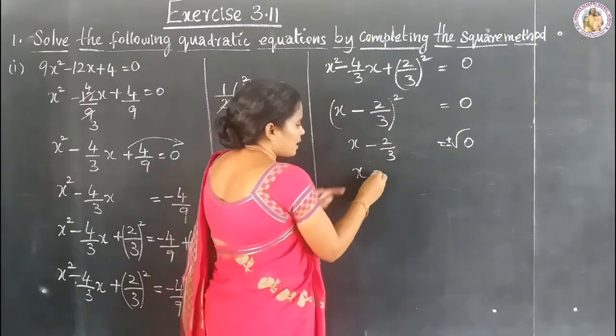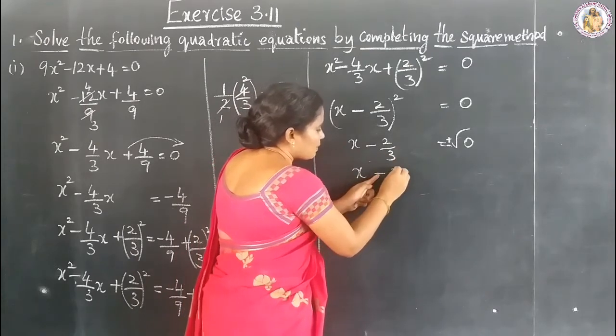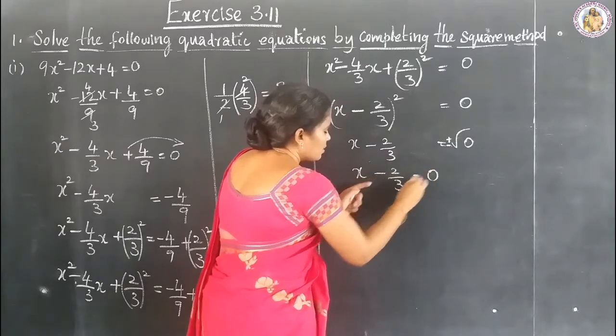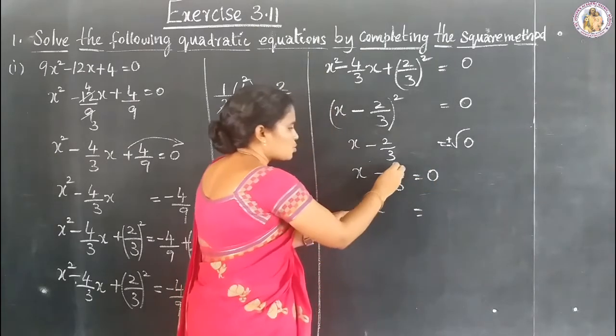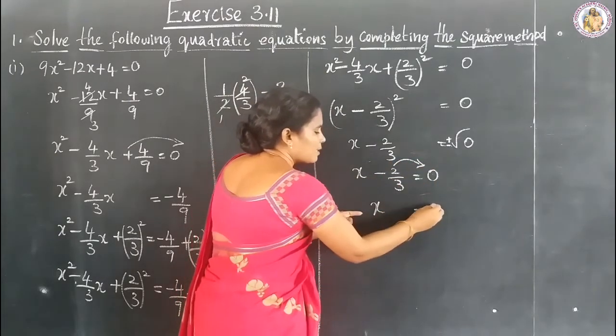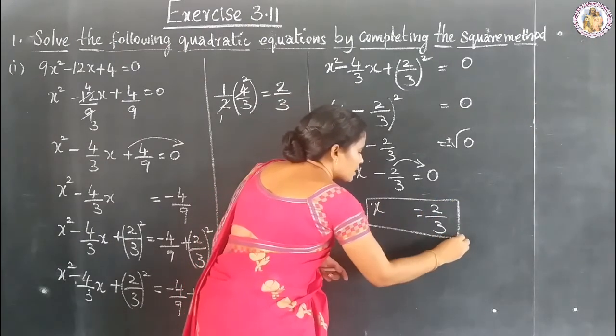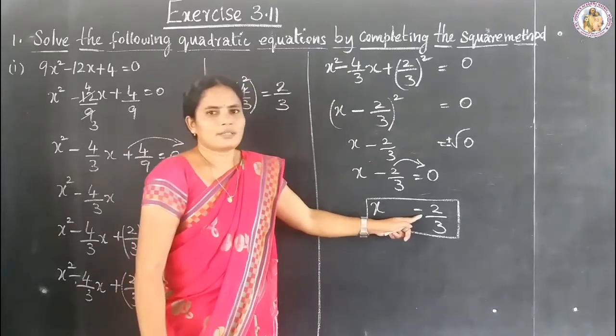So x minus 2 by 3 is equal to 0. While it moves to the right side, it becomes 2 by 3. So the value of x is equal to 2 by 3.